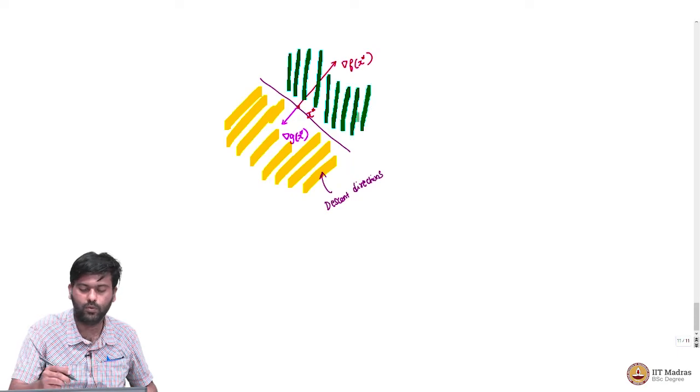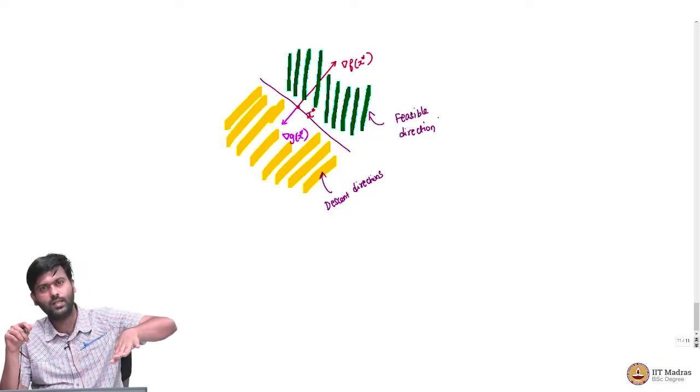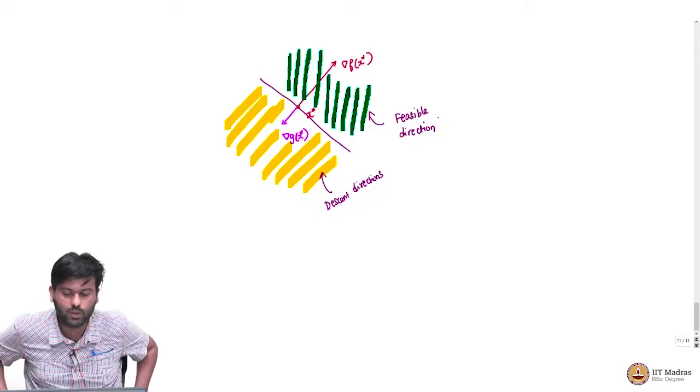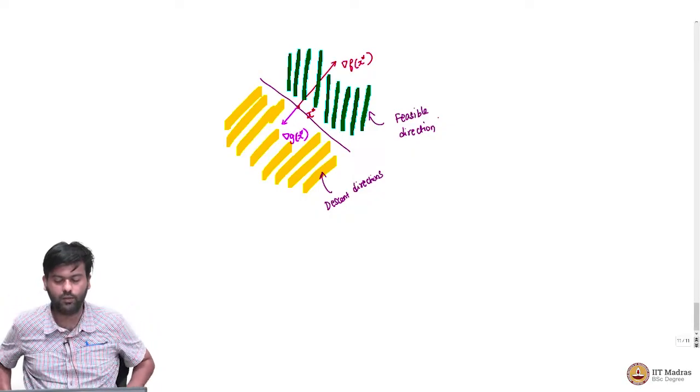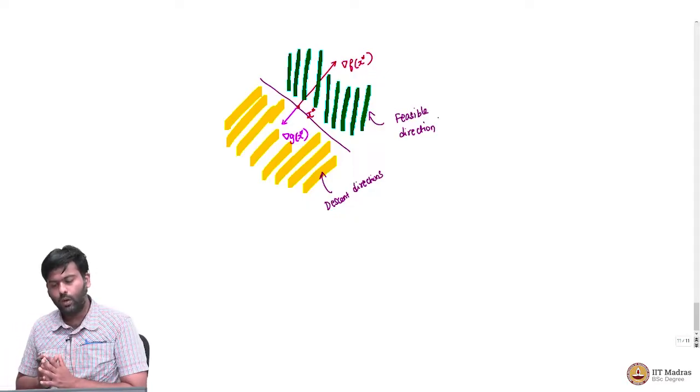So, these will be your feasible directions, which means that the moment I have found a direction where I can descend, it will not be feasible, because the feasible directions are on the other side, right. So, at least in this picture that is what it tells us.